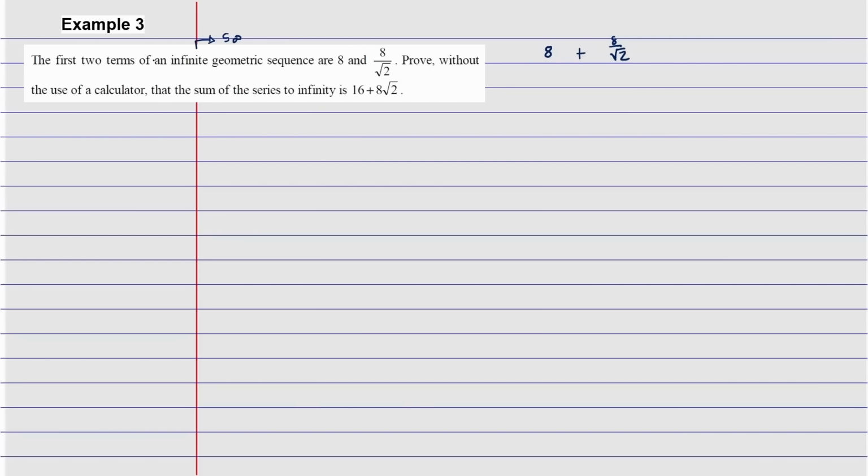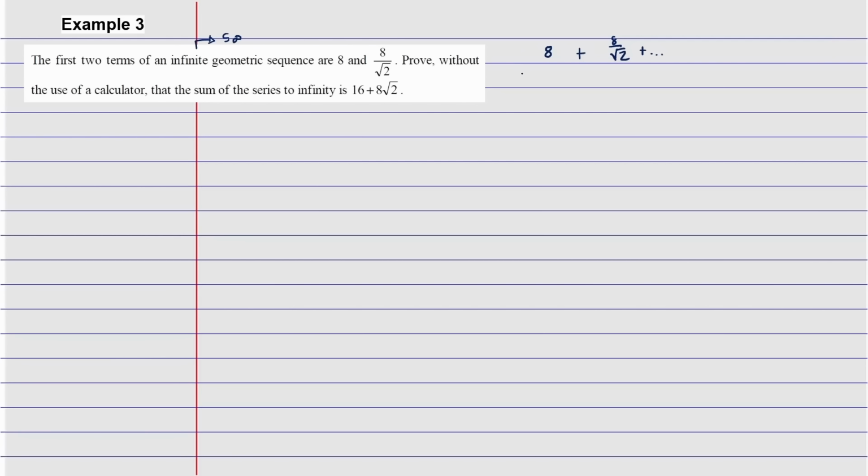Because they tell us the first two terms of an infinite geometric series, it continues to infinity. And they say prove without the use of a calculator that the sum to infinity is this. So we need to prove that the sum to infinity is actually this.